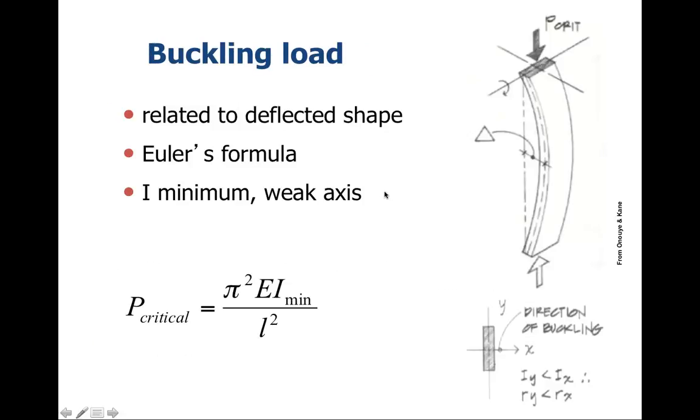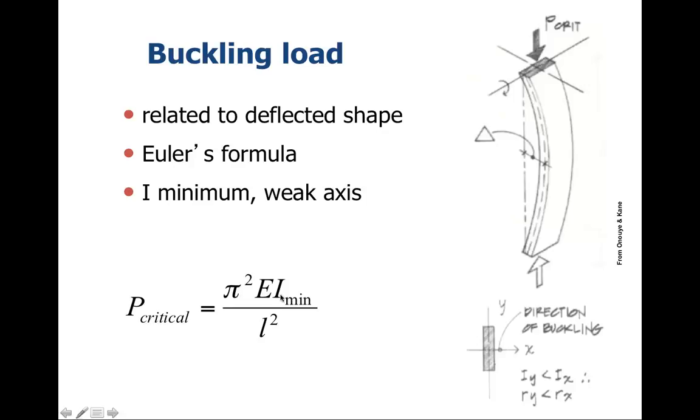So, in terms of the buckling load, again, this is going to be related to the deflected shape. Here we use Euler's formula, and Euler's formula comes down to two factors, E and I. E comes back to our modulus of elasticity, or the stiffness of the material.